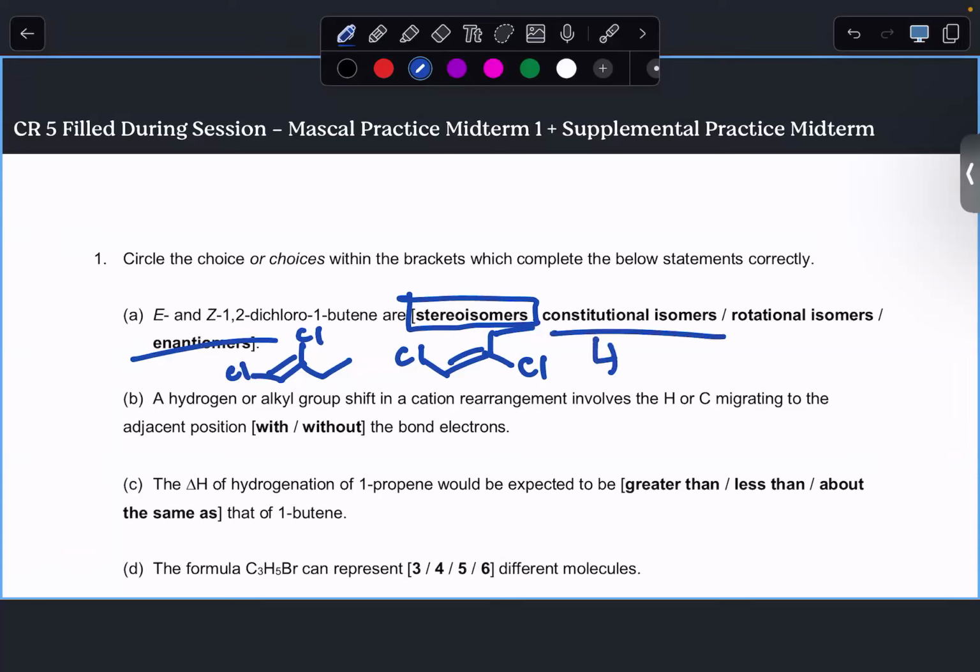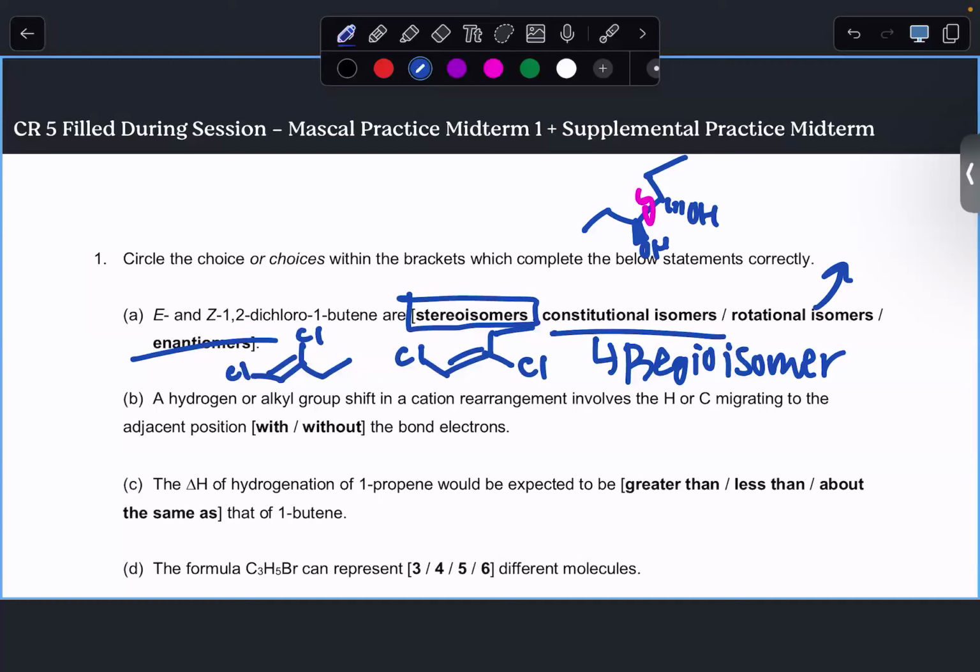A constitutional isomer is a type of regioisomer, right? Where they have the same chemical formula but different connectivity. A rotational isomer would look something like this, where let's say we have that structure, OH, OH. We know that this is a single bond.